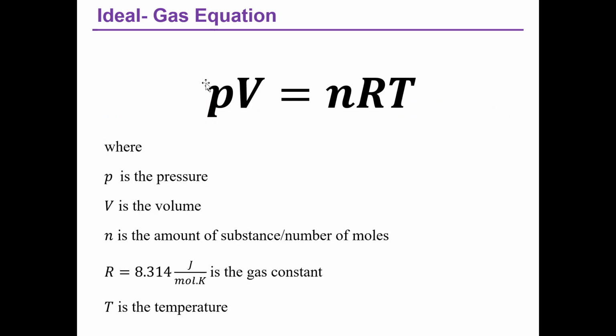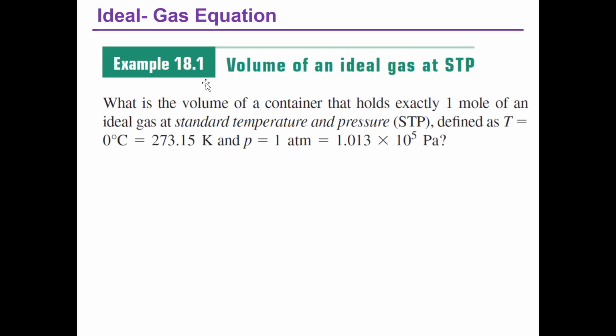For example, using this ideal gas equation, find the volume of a container that holds exactly 1 mole of an ideal gas at STP. So what do you mean by STP? It is standard temperature and pressure.